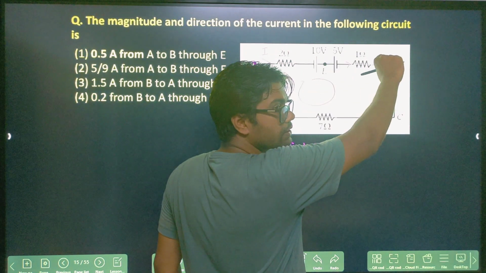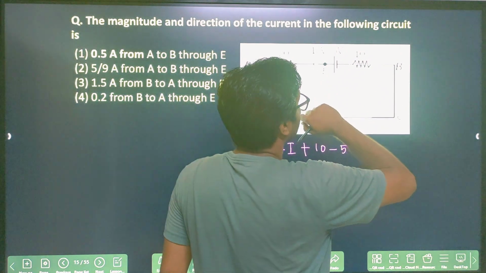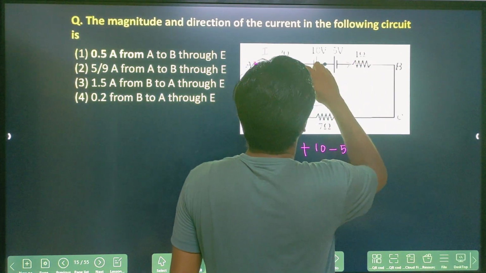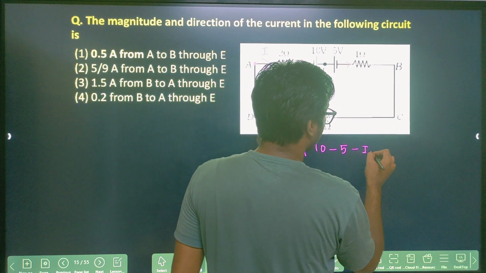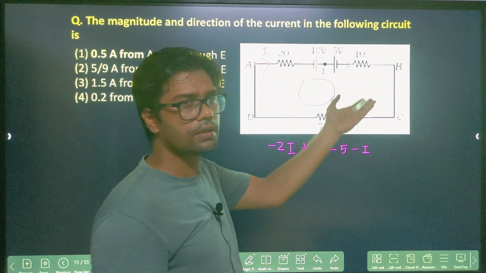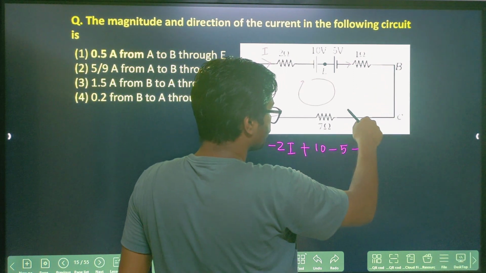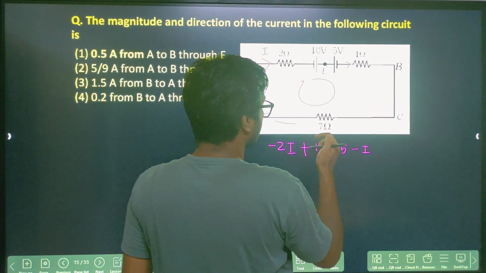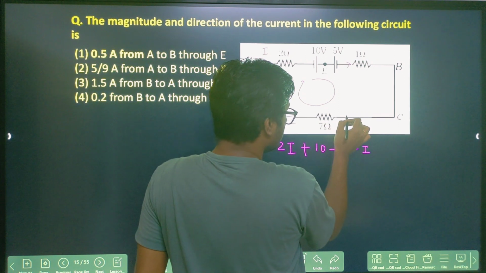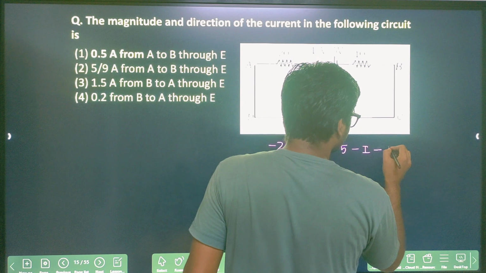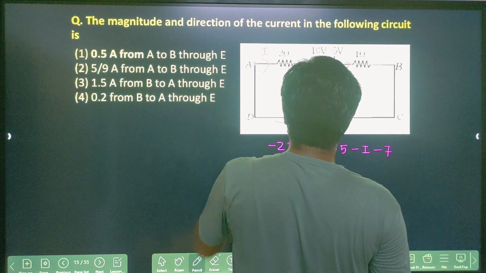So along the direction of current through the resistor, it will be how much? Minus 1 into I. 1 multiplied by I will be I. I will move here. If I move here, along the direction of the current through the resistor, there will be a drop in potential, that will be 7 into I.